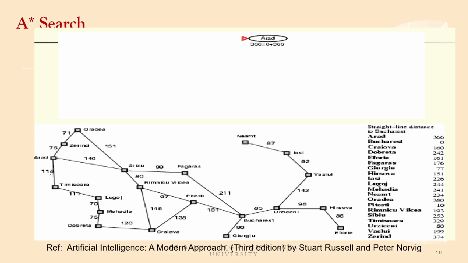And now, we will apply the A star algorithm on the map of Romania, where we will see the same problem of starting at Arad and ending at Bucharest, and these are going to be the actual cost g of n values, and the heuristic value is given on the side.